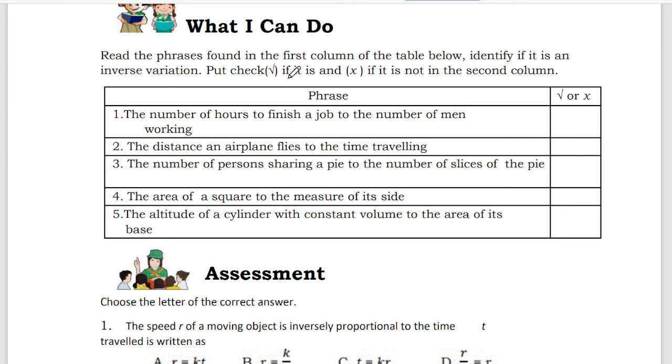Put a check if it is, and if it is not, write X.